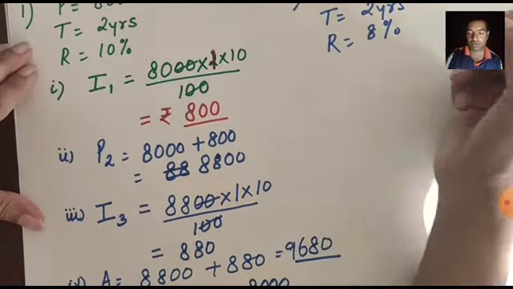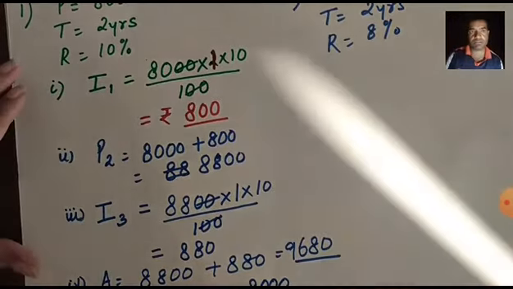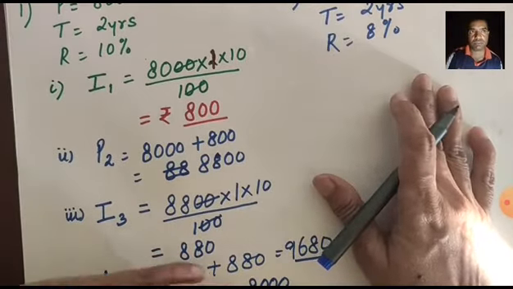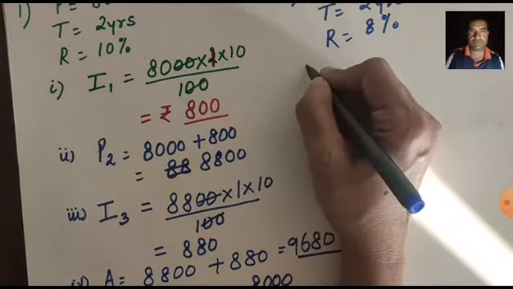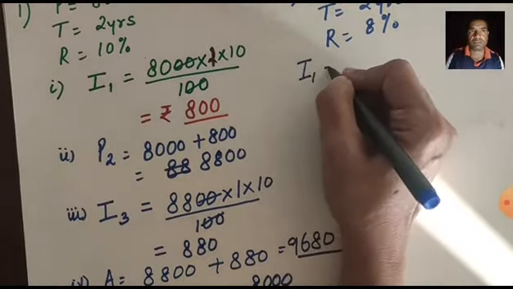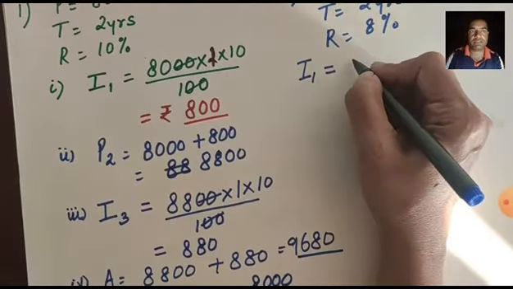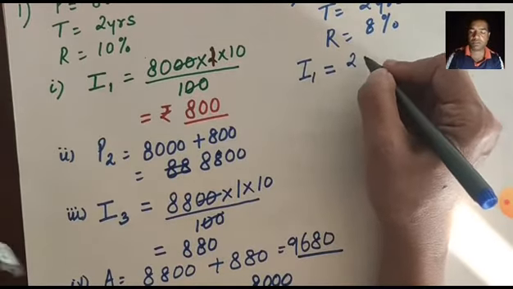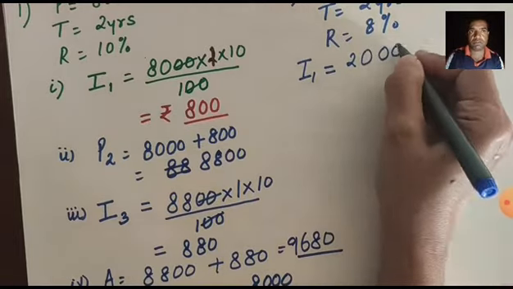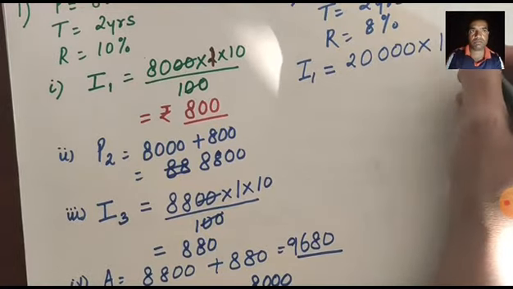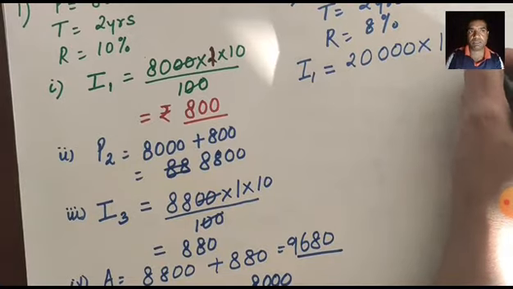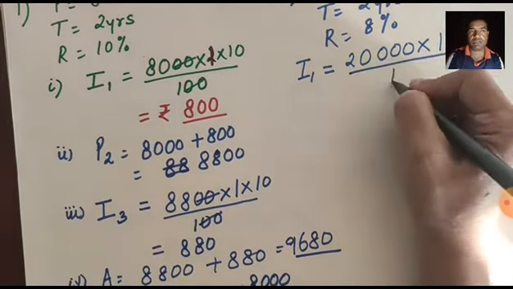First we will find the interest for the first year, that means I1. I1 means PRT upon 100: 20,000 into R, which is 8%, and T, which is 1 year, upon 100.